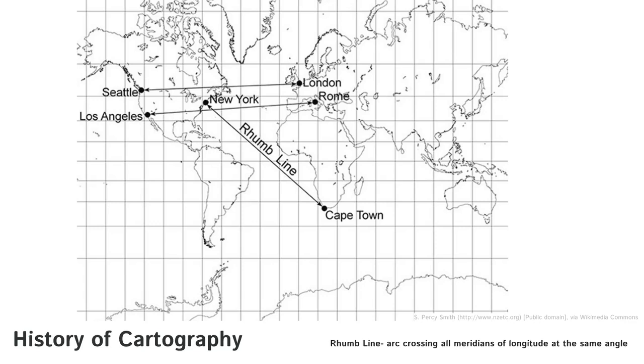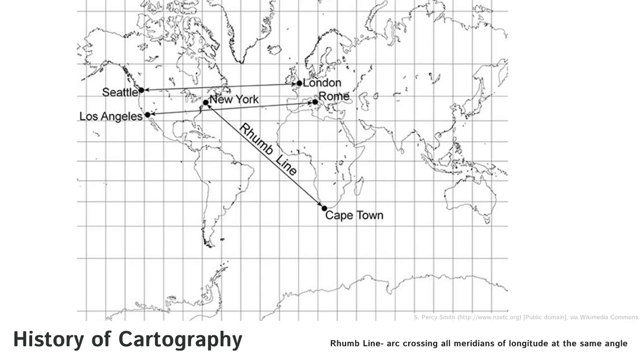So here, what sailors needed to do with the Mercator projection is they just needed to maintain an angle across the gridded space. As long as they were able to maintain their angle across all meridians of longitude, they were able to get from one location to another location.